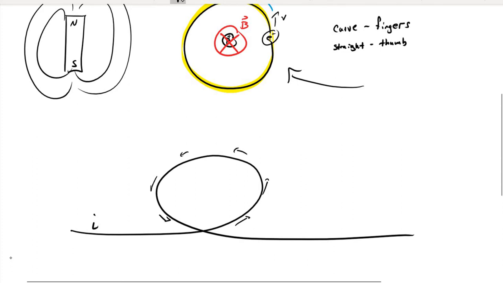And so now, keeping in mind the definition of current, if the current is traveling around in this counterclockwise direction, we would see our magnetic field coming out of the page. And then our current would continue traveling through the wire past that loop.